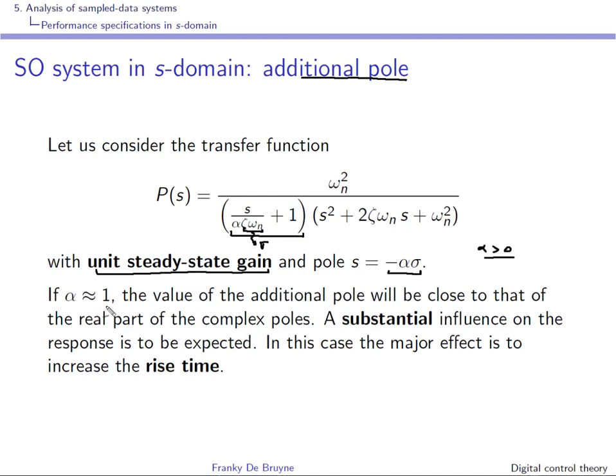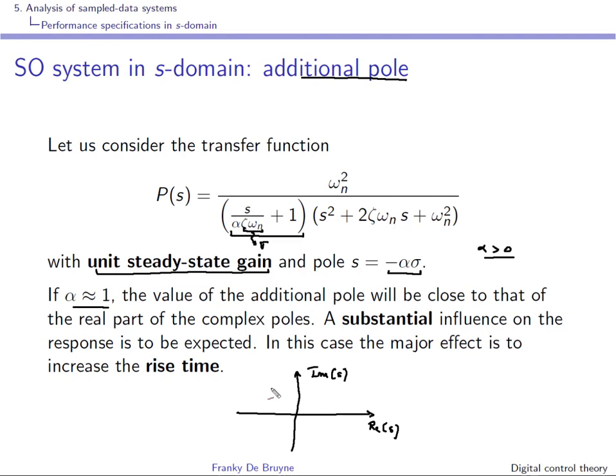If alpha is close to 1, then the additional pole will be close to the real part of the complex poles. We'll have a situation that will look like this. Real part of s, imaginary part of s.